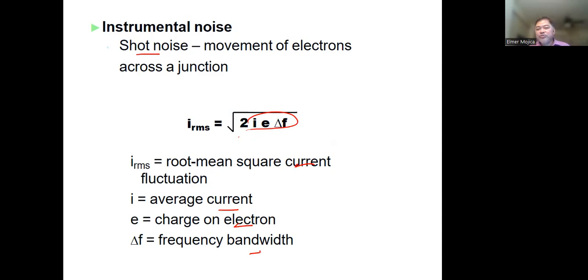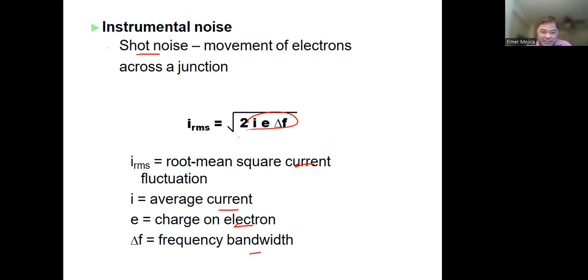Okay, shot noise is the movement of electrons across a junction. So when you have this shot noise, it's just like there's a collection of random quantized events. Because shot noise, this type of noise results in current fluctuation.